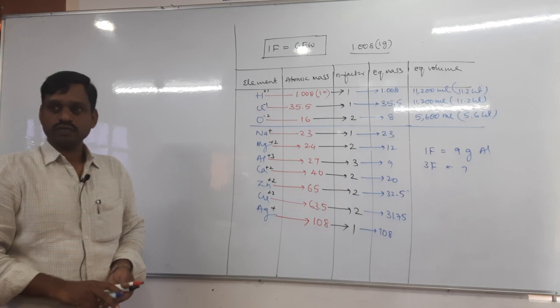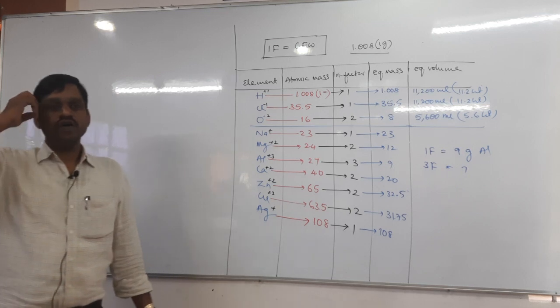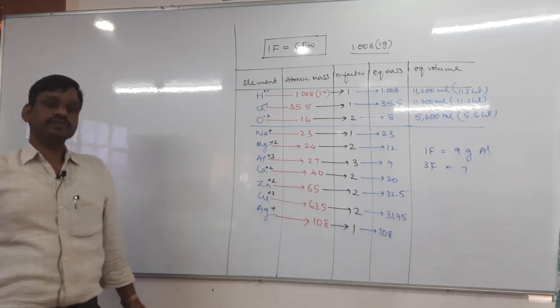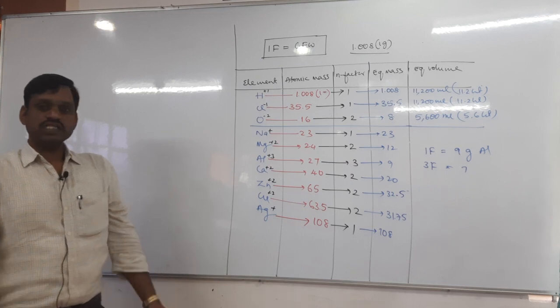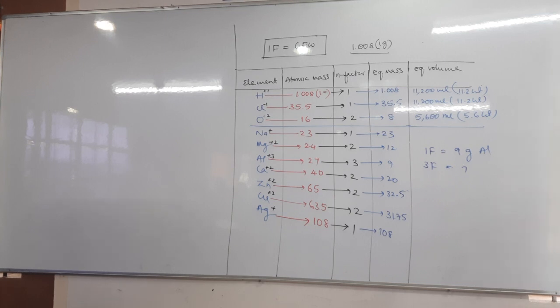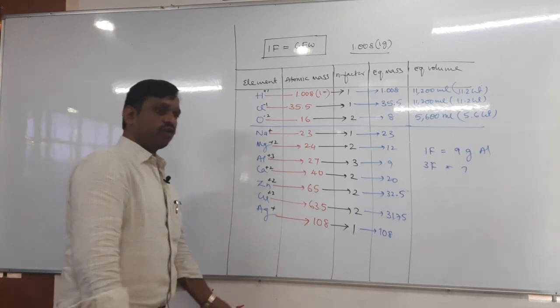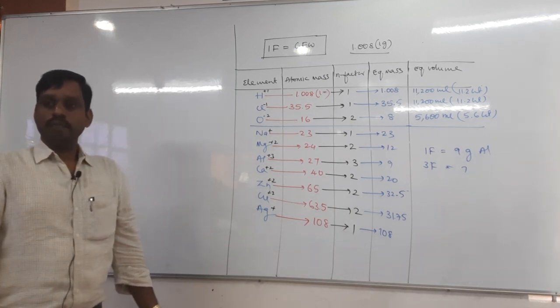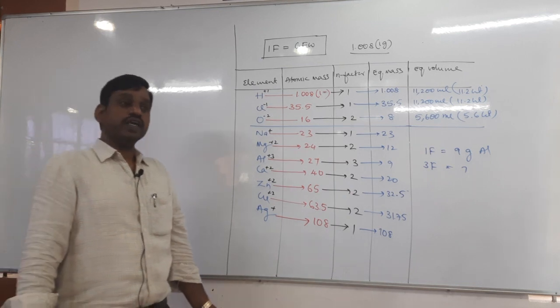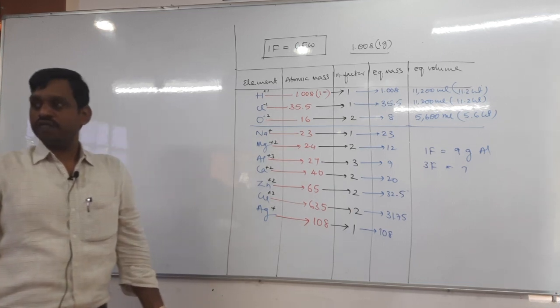Okay, understand now? Next, what is the volume of hydrogen and oxygen liberated on electrolysis of acidified water by passing 4 Faraday of electric current?